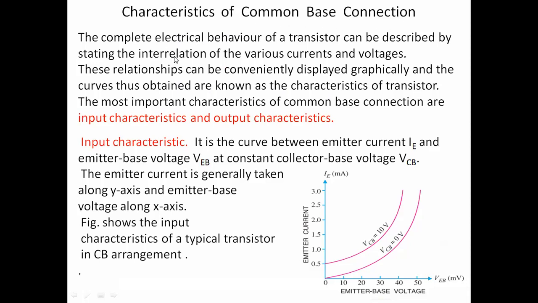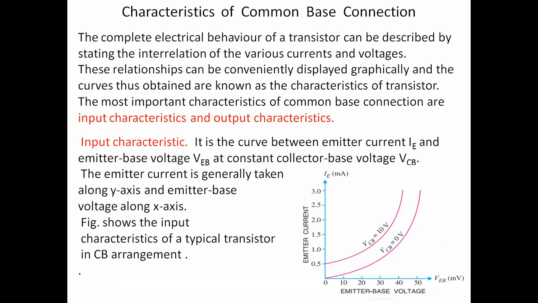So how will the transistor produce different characteristics? When the input voltage increases, what is the collector current, and when the input current changes, what is the collector current?